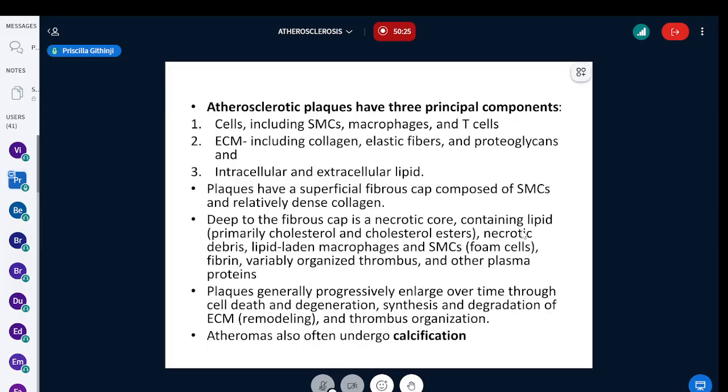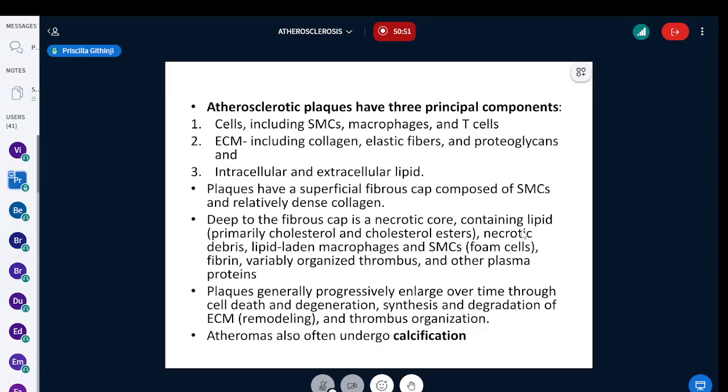When you look at an atheromatous plaque under a microscope, it is usually composed of three principal components. You will find cells, so you'll see your smooth muscle cells, and we've talked about macrophages and T cells being recruited. Then you'll have extracellular matrix, which is composed of collagen, elastic fibers, and proteoglycans.